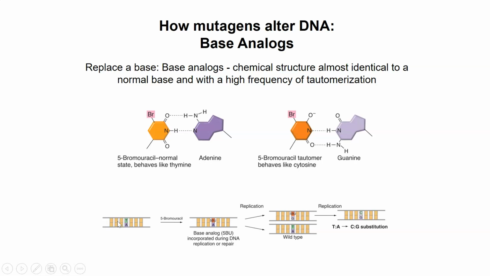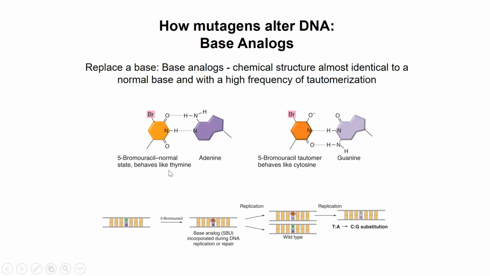So it looked like this in a DNA strand where there's a TA base pair. During replication, these strands will separate, and the bottom strand will serve as a template. DNA polymerase will come along, insert a nucleotide containing 5-bromouracil in the position opposite the A. Okay?